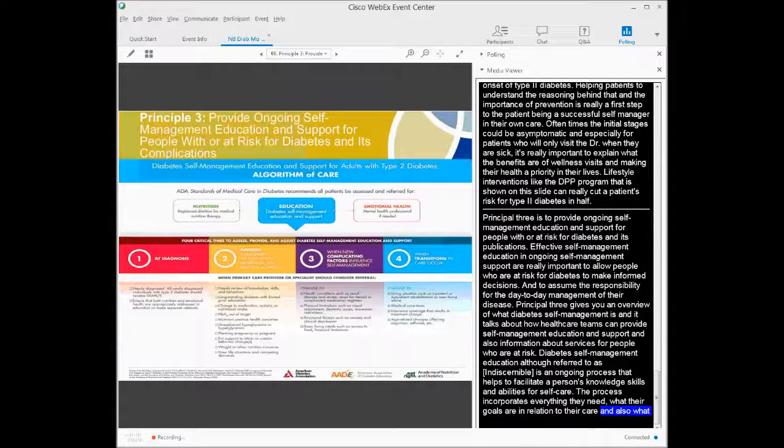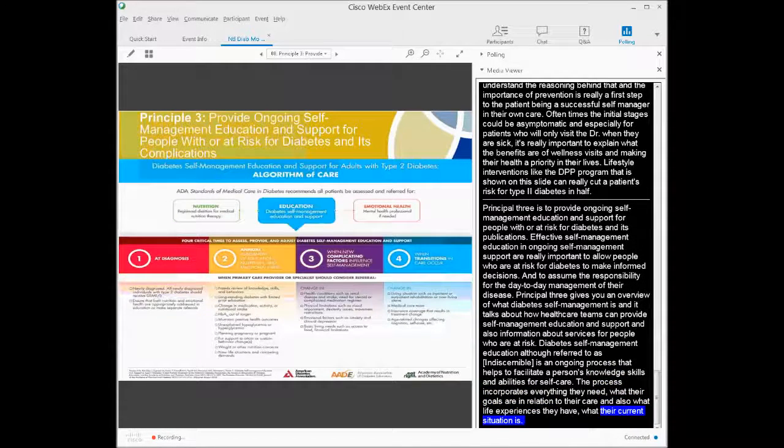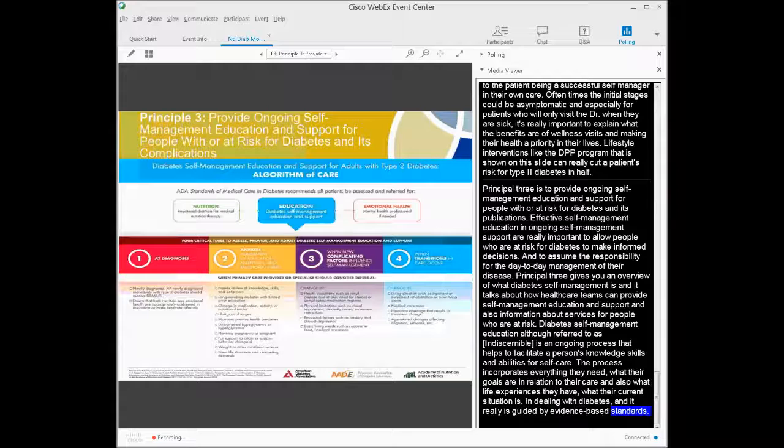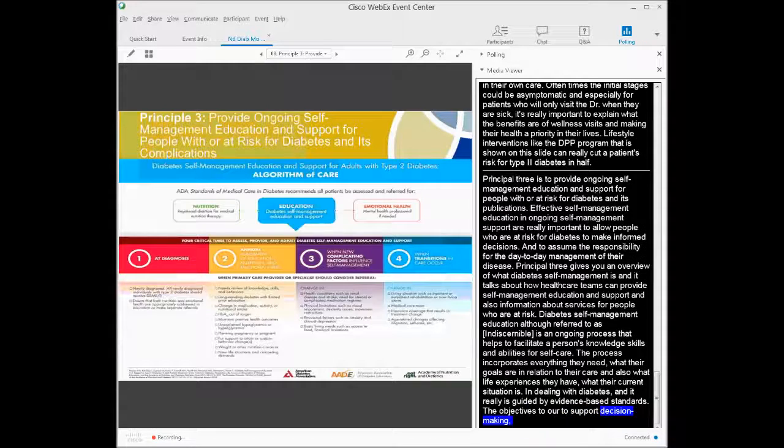And it's really guided by evidence-based standards. So the objectives of DSME are to support informed and shared decision-making. It encourages patients to be more actively involved in their own care, to develop self-care behaviors.